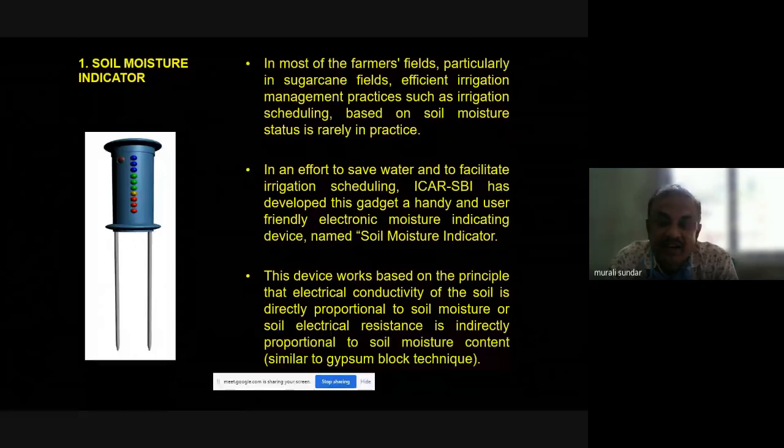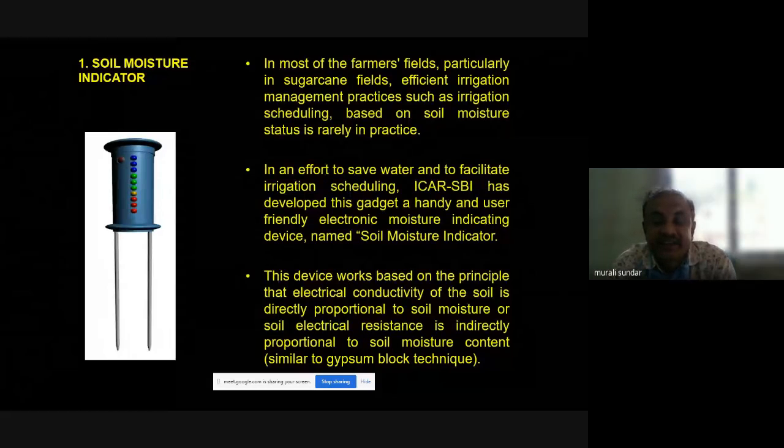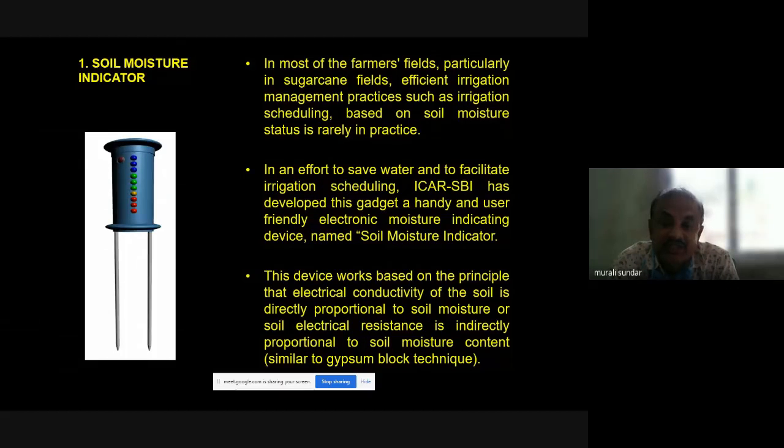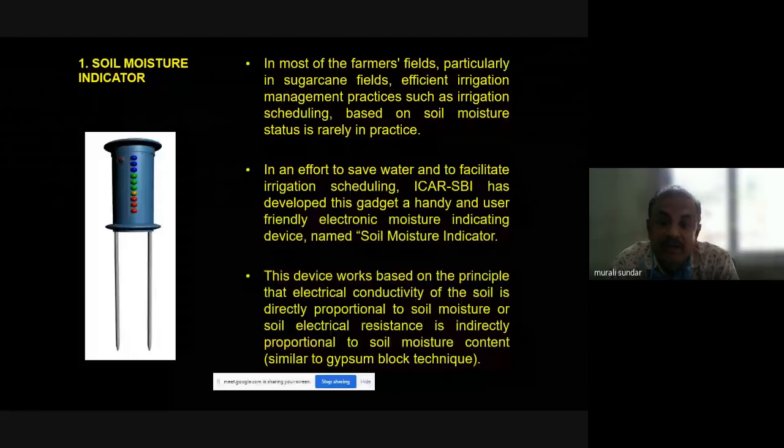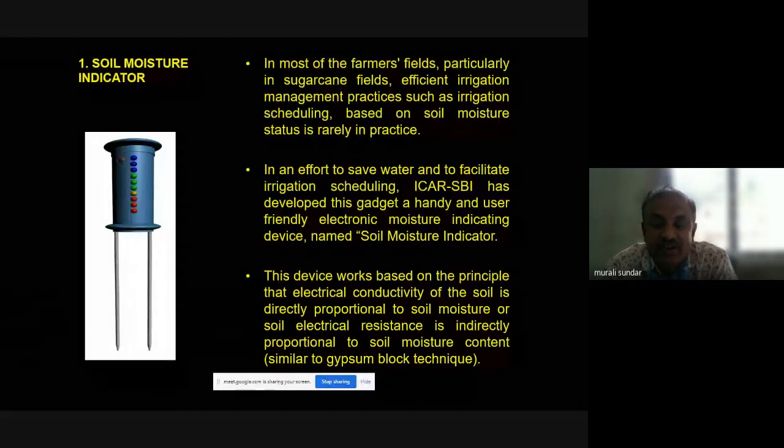But we found a lot of difficulties because the tensiometer is fixed in one place, and we have to install 5 to 6 tensiometers in 1 acre to measure the soil moisture. Another hindrance is that we cannot measure soil moisture apart from the place where the tensiometer is installed.